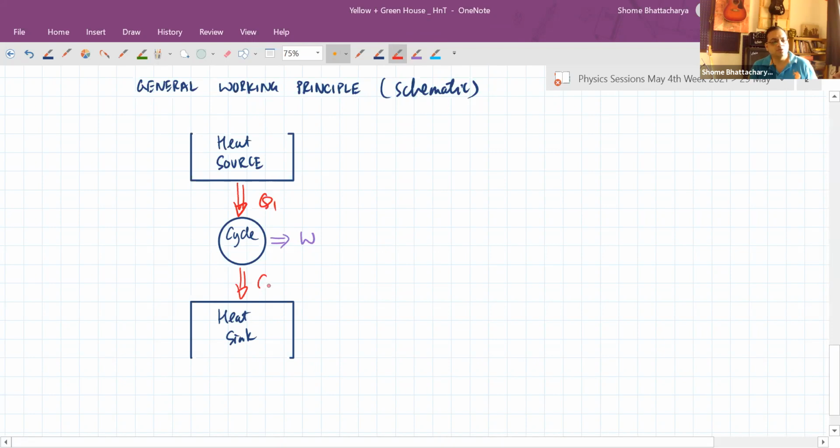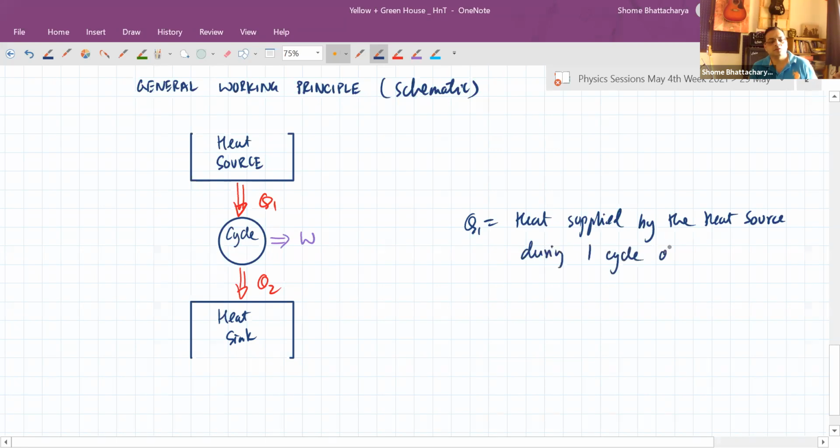So if Q1 and Q2 denote these quantities, Q1 is the heat supplied by the heat source during one cycle of the heat engine. During completion of one cycle, that cyclic process, Q1 is the amount of heat that is supplied by the heat source. Q2 is the amount of heat dissipated into the heat sink.